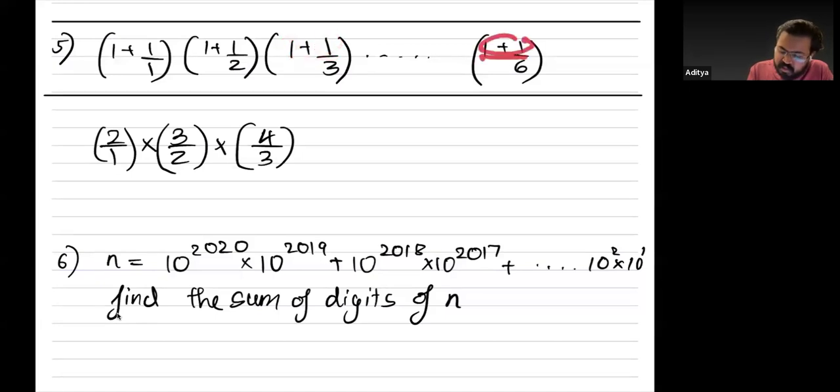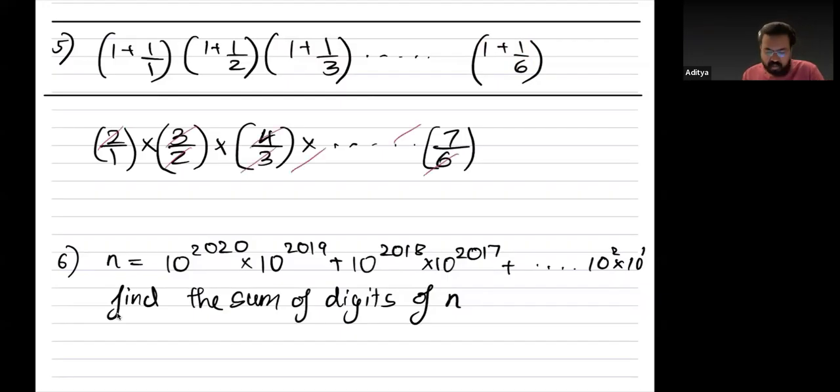And all the way up till here, which becomes 7 upon 6. You notice that 2 cancels off, 3 cancels off, 4 cancels off, and 6 cancels off. So we are left with 7 and 1 in the numerator and denominator, and that is the answer.